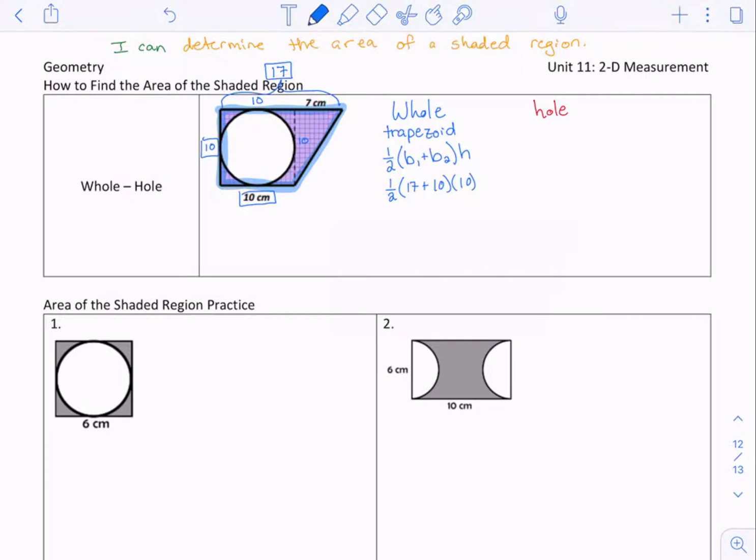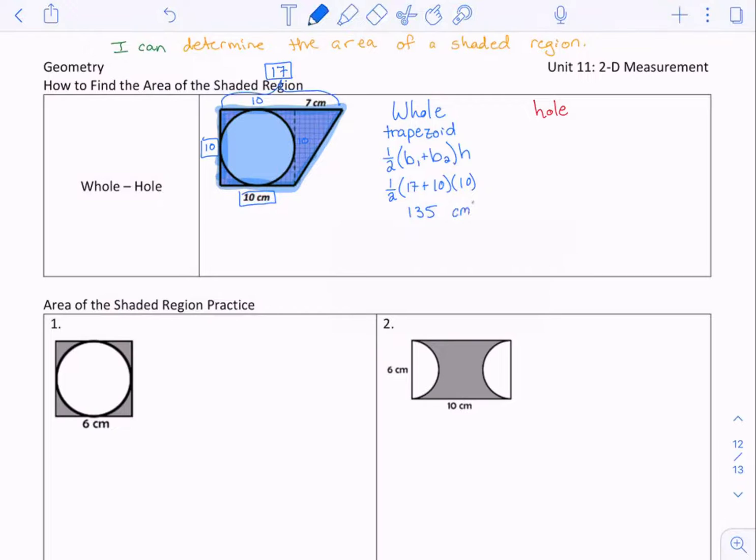And when you do that, you get 135. Good. So 135 is the area of this whole entire thing. So if I were to color in this whole thing, then I get 135. Now the centimeters squared. Exactly, centimeters squared.